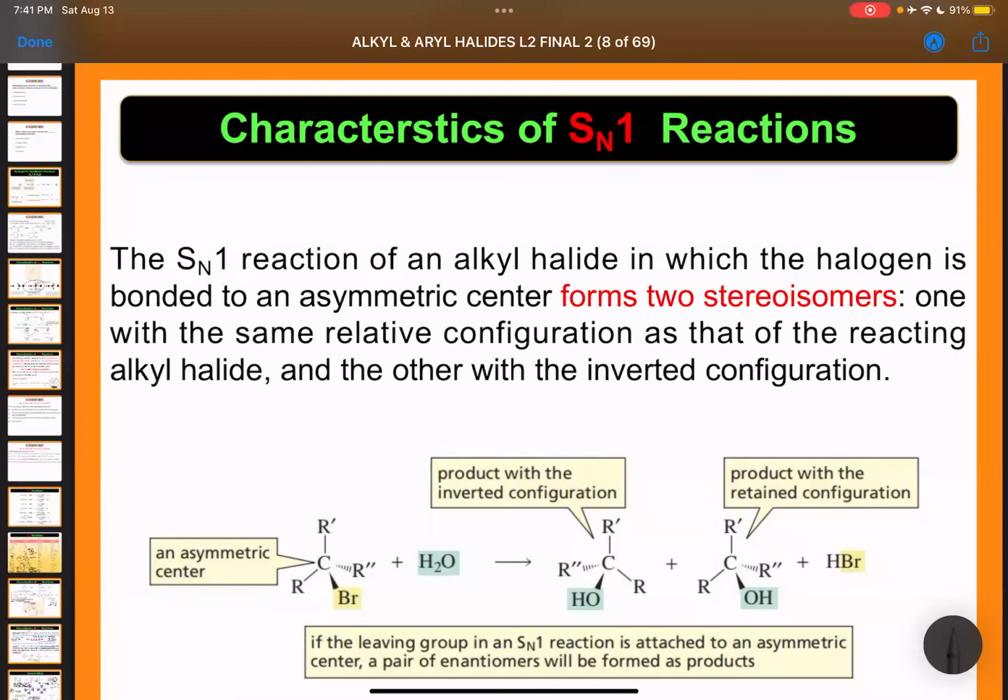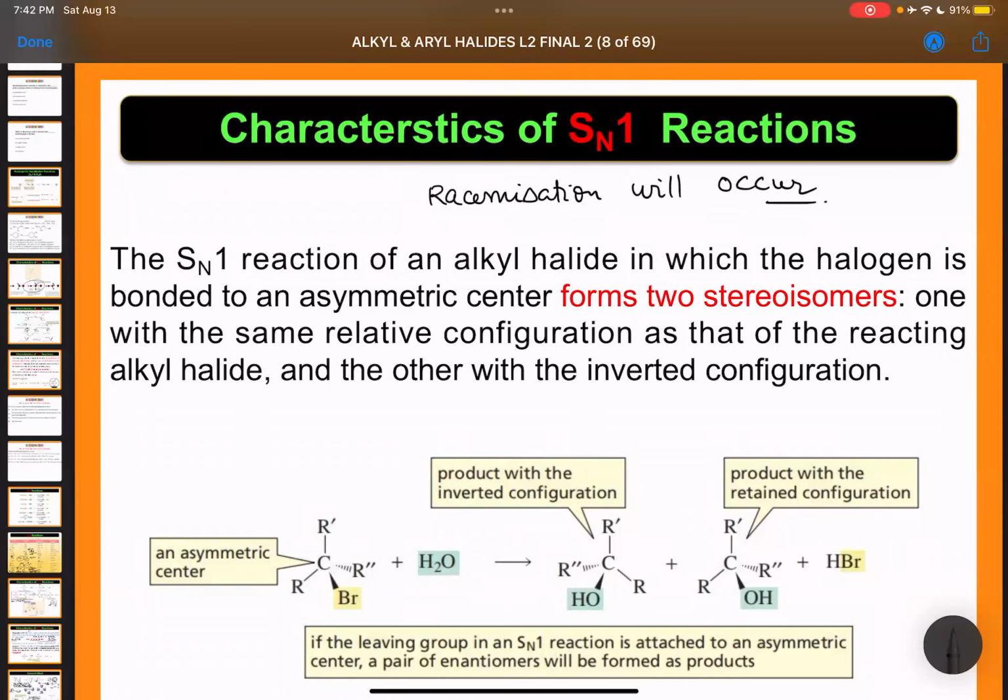For SN1, what can you say? Yes, for SN1, you need to say racemization will occur. Or a racemic mixture will form.